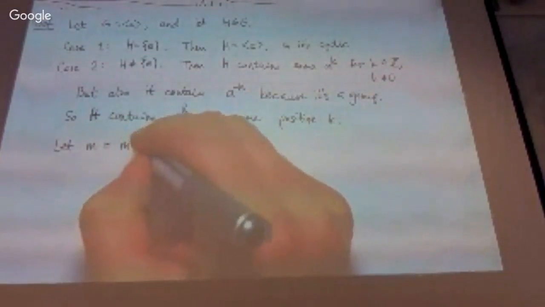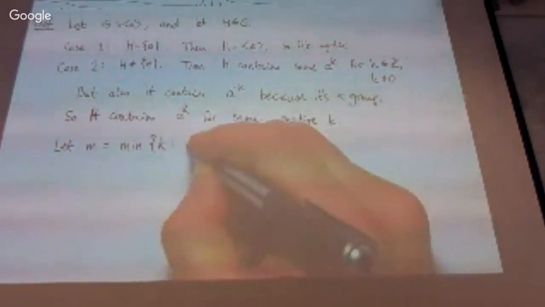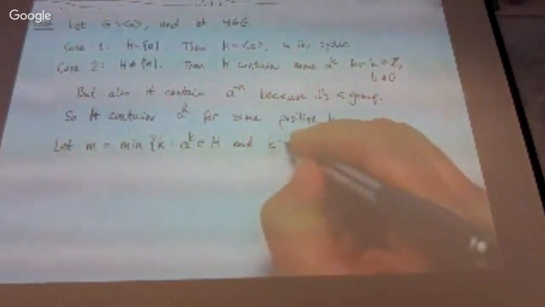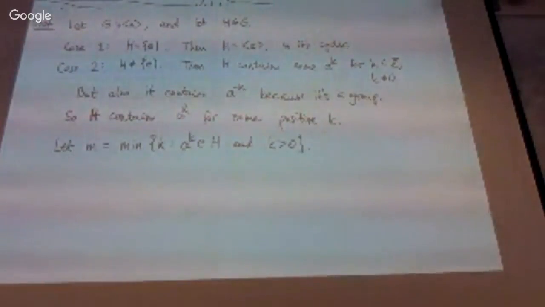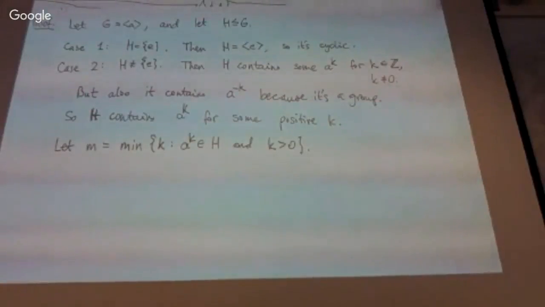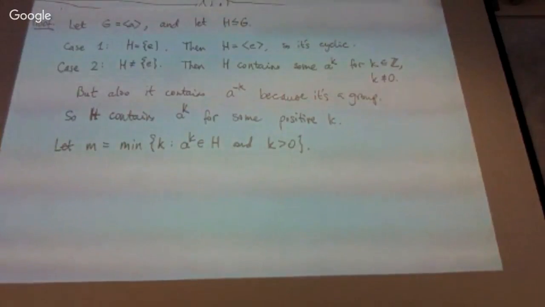So what I want is m to be the minimum k such that a to the k is in H and k is bigger than 0. So among all those a to the k's that are in the subgroup, I pick the one with the smallest exponent, and that exponent is m.